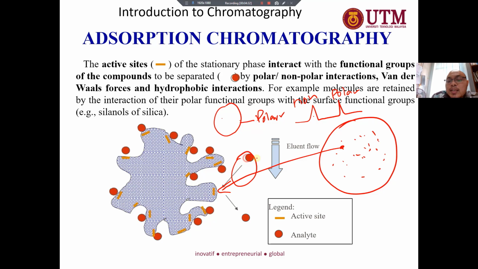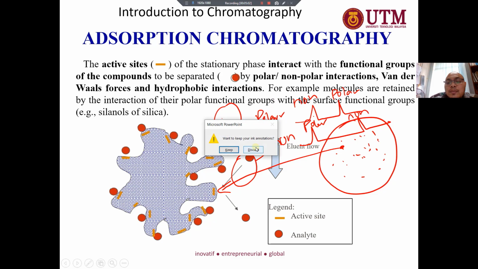If on the surface we have a non-polar active site, the polar analyte will elute earlier. The non-polar analyte will elute last because it interacts the most with the surface of the particle, or the surface of the stationary phase.